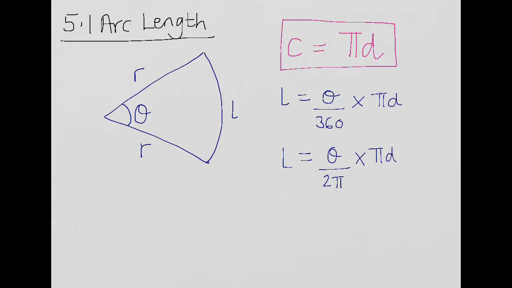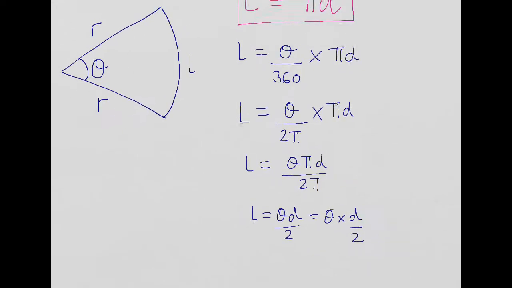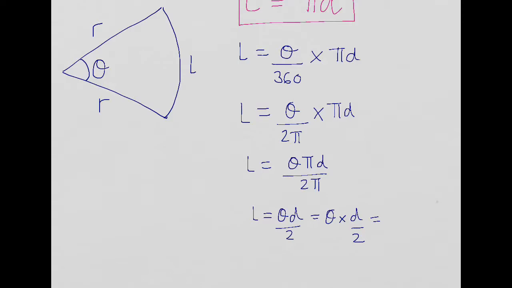If I write that as one fraction, I can divide the numerator and the denominator by pi, and that would give me theta d divided by 2, which I could also write as theta multiplied by d over 2. Now the diameter divided by 2 is just the radius. So what I've worked out is that the length of my arc is my angle times my radius.